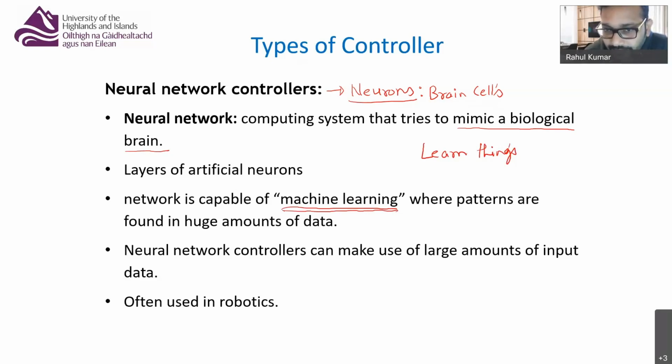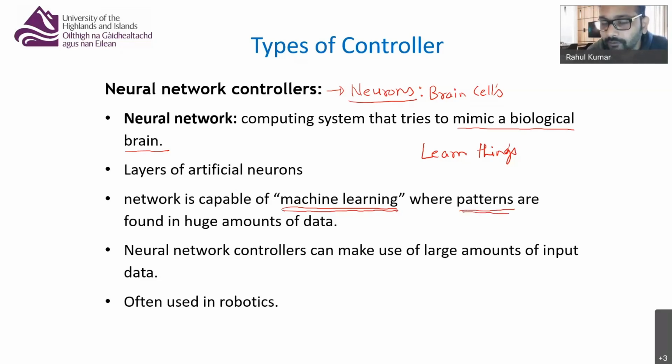Basically, in the case of neural network controller, or even in human brains, we try to learn something by identifying a pattern, right? Humans also learn something by identifying a set of patterns. This neural network also works on a similar principle, which we call machine learning, and they try to identify the pattern.